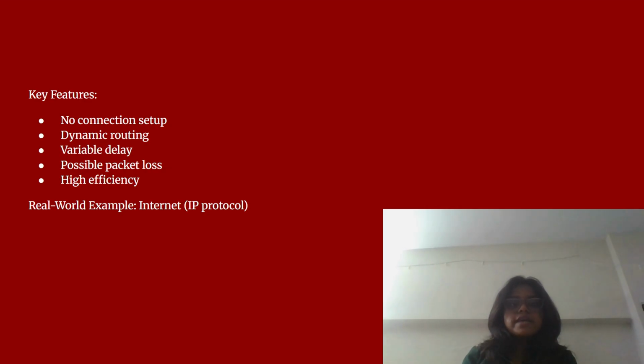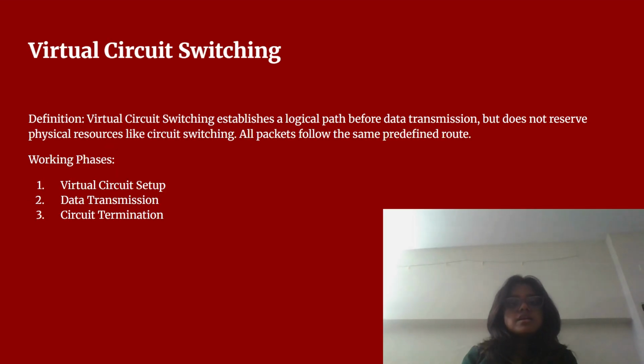Now let's take a look at the example. Mira wants to send a large file to her friend. Before sending the file, the network first decides a logical route from Mira to her friend and remembers it. This route is not a physical wire but a virtual path. Now the file is broken into packets, and all packets follow the same decided route, one after another.